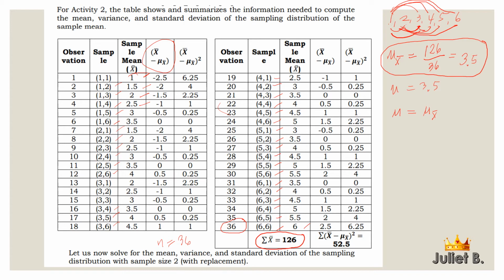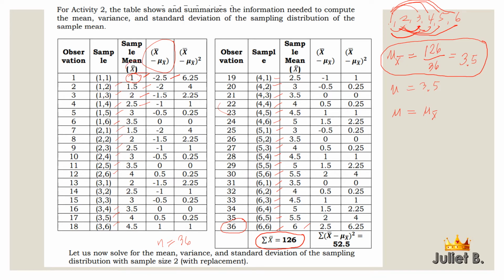So what we have now is, dito sa mga sample mean, minus 3.5. 1 minus 3.5, kaya nakuha ang negative 2.5. Kasi ito na yung magiging x natin.